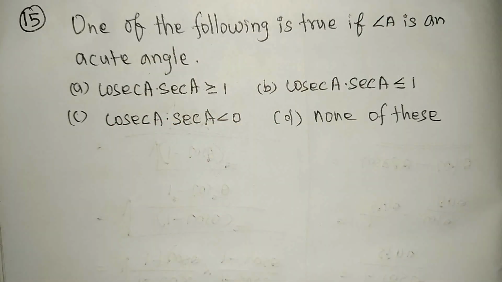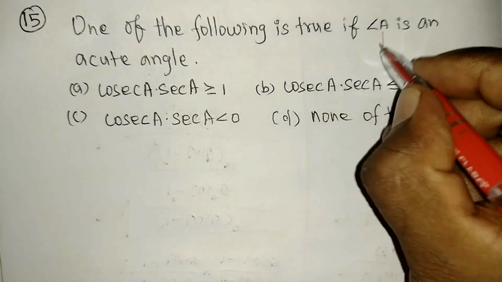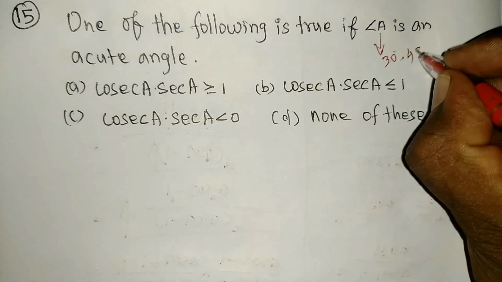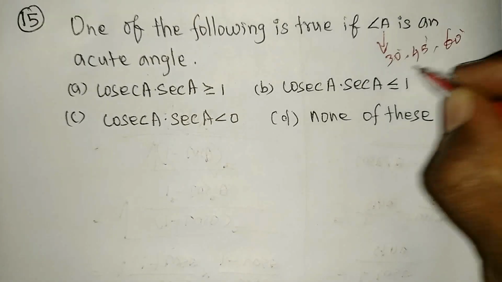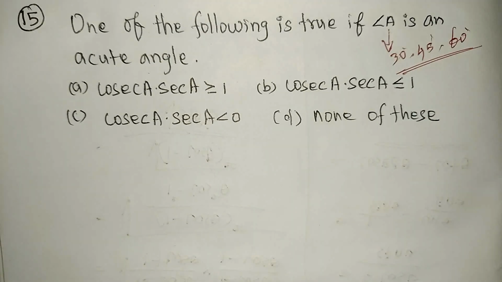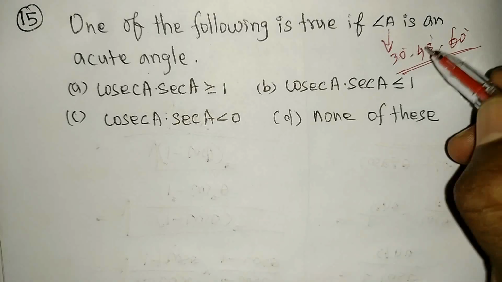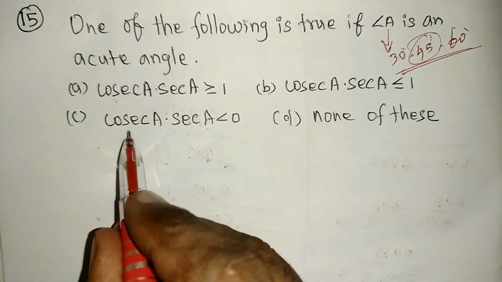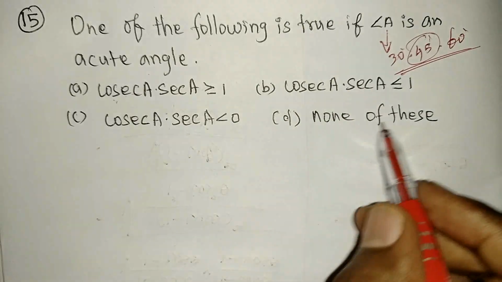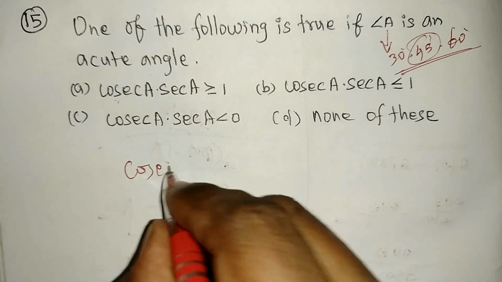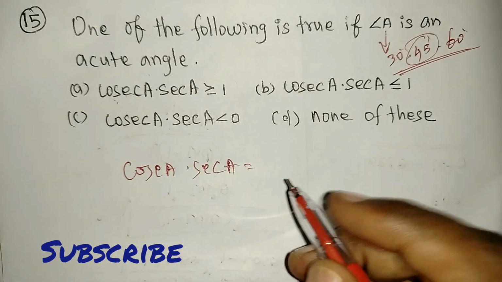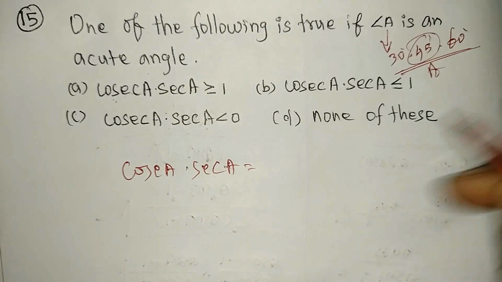Acute means it can be 30 degrees, 45 degrees, 60 degrees, like that, below 90, right? Now from this I'm going to take any one, so better we can take 45. Substitute here: cosecant into secant, none of these. So just find cosecant A times secant A. I'm taking A equal to 45.